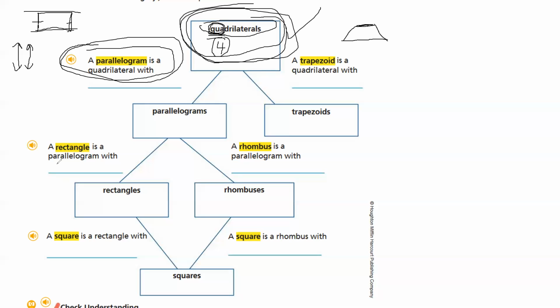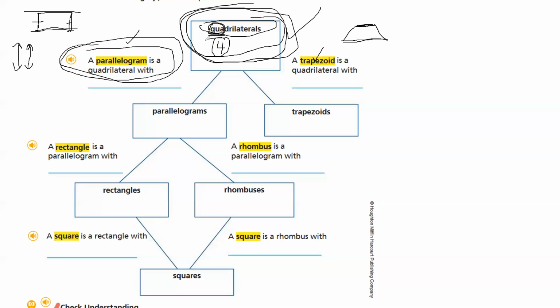And then they're like, do you have 2 pairs of parallel lines? And you just say, yep. And then they're like, okay, sir, go over there with the parallelograms. Or you're like, no, I'm sorry, I only have 1 pair of parallel lines. Okay, sir, you need to go with the trapezoids.